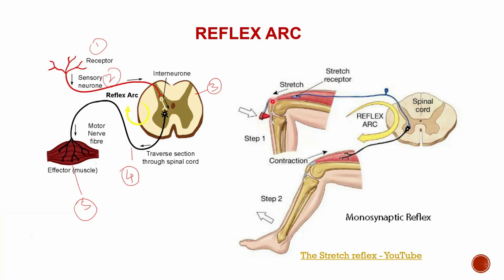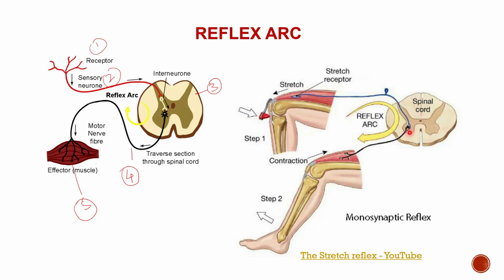So here is an example of the knee jerk. When you use a percussion hammer or reflex hammer and tap the patellar tendon, it is going to stretch the muscle. Stretching of the muscle is going to stimulate the stretch receptors, which are the muscle spindles, and via 1A fibers, the impulses go to the center, and that center is your spinal cord.